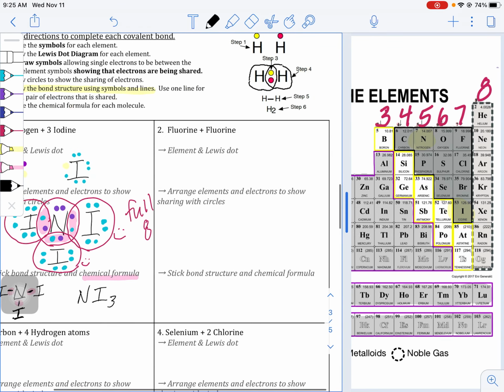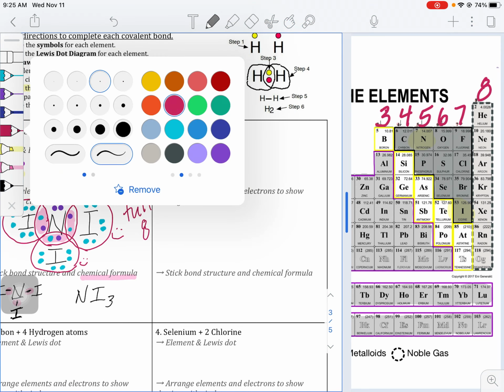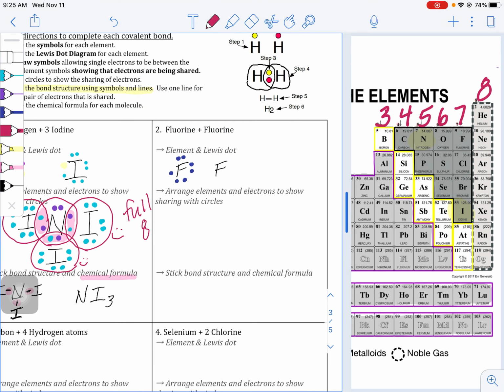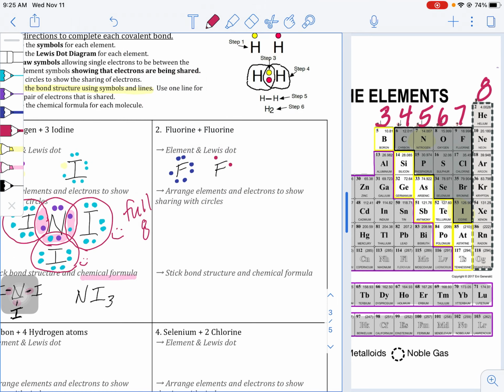Sweet. Same thing happening with fluorine. Remember, in a covalent bond, we can bond 2 identical elements. So I have fluorine, 1, 2, 3, 4, 5, 6, 7. And I am still going to switch colors, even though it's the same element. It's a different atom. So that color helps differentiate as we puzzle piece together, right?